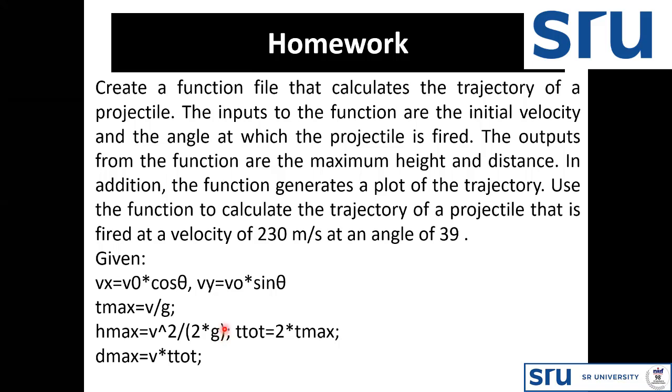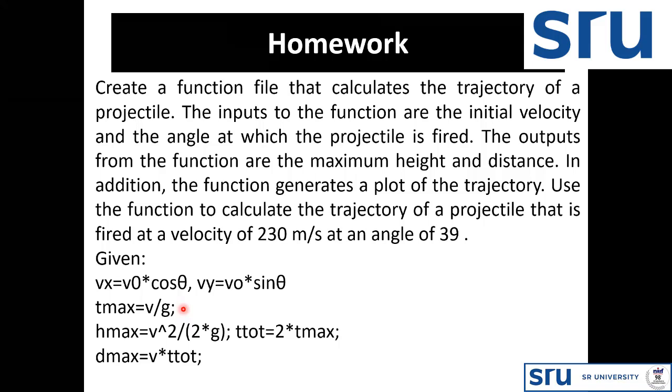Sir, T max equals V by g, no, sir? Yes, T max is V by g. T total is nothing but 2 into T max. When the projectile is going up, that half of the time is T max, V by g.